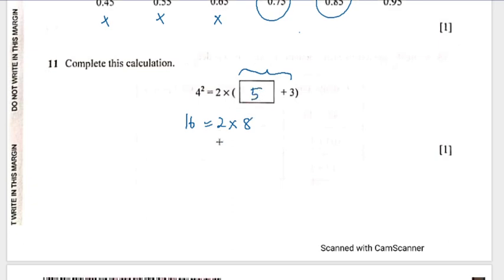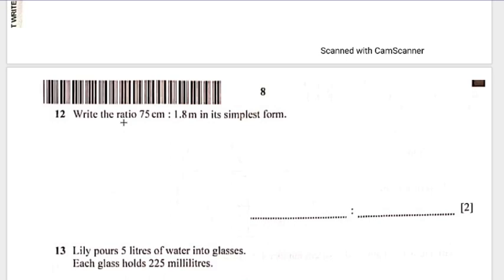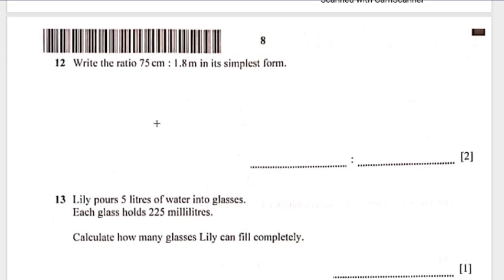Move on. Write the ratio 75 centimeters to 1.8 meters in its simplest form. If you have a ratio like this, make sure the units are common here. So I'm going to convert this to centimeters. We know that 1 meter equals 100 centimeters. So when I convert this, I move 1, 2.